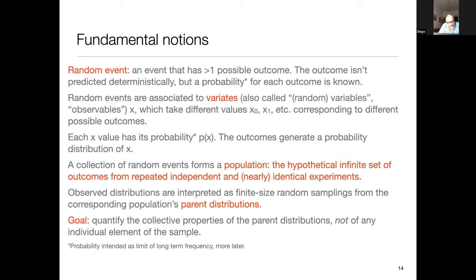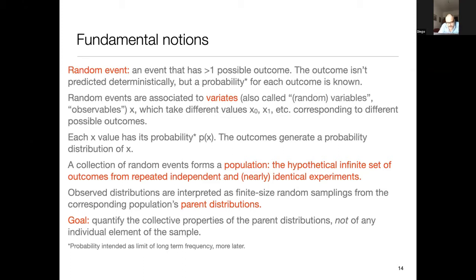And in the rest of this talk, we call them with the generic symbol X. So X is the random variable, which can take, of course, different values, X0, X1, etc. And like I said before, since I know the probability for each outcome, I also know the probability for each X value, which I indicate as P of X here.